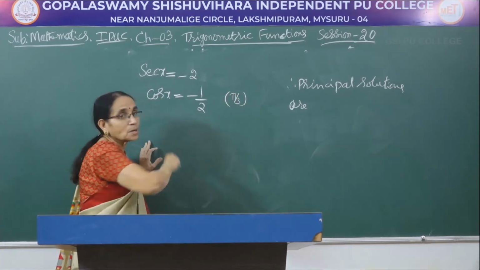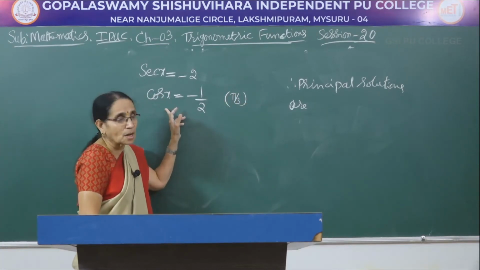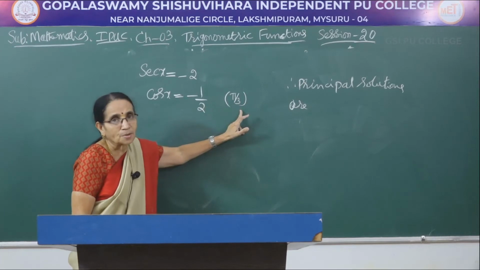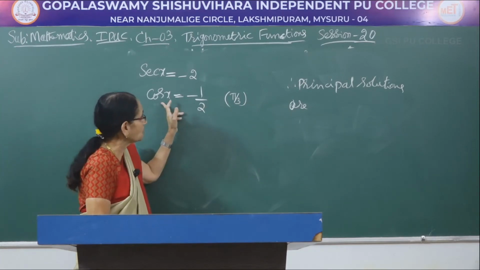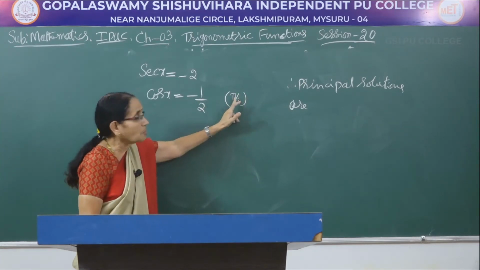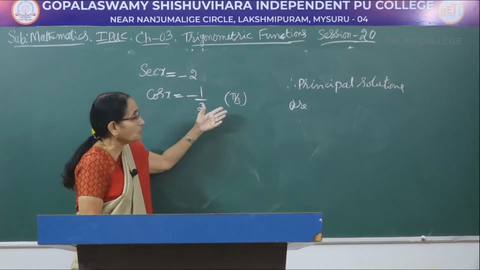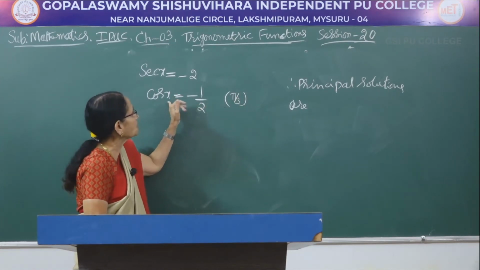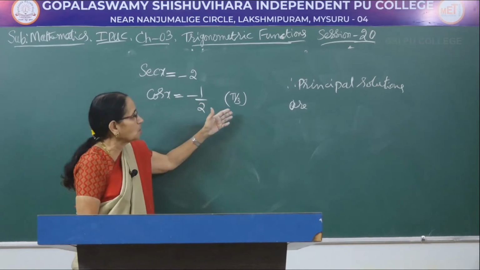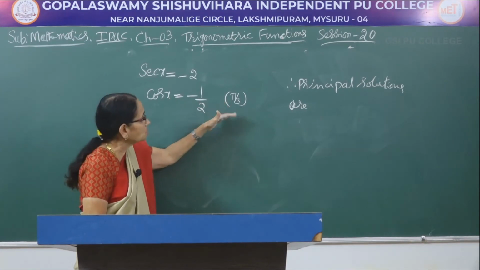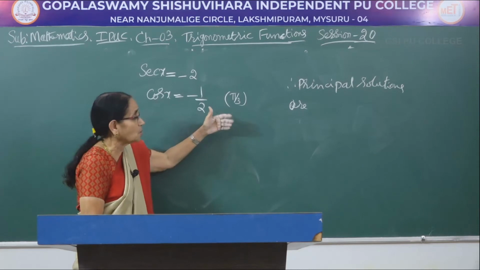See, the function is important here. Suppose I had given here sine, it would become pi by 6. If I had given you cos x, it would become pi by 3. Suppose some other value, suppose I had given you tan x equal to minus 1, you can consider the other value.